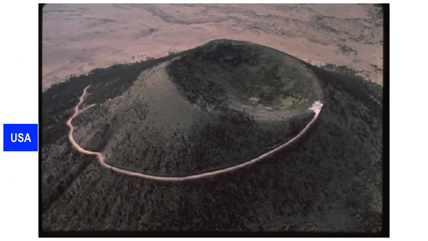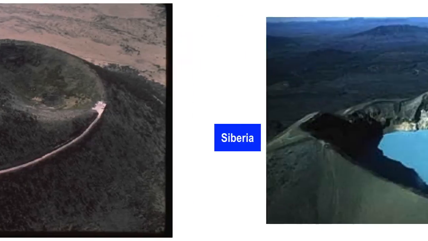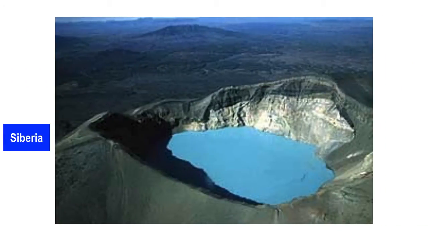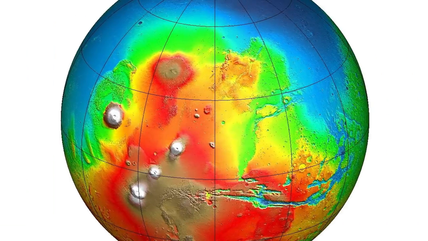Here's a place in the United States. They've got an observatory up here, a little observatory. And you can see it's an old volcano. This one's not active. And then here's one out in Siberia, up in the northern part, almost towards Alaska. Those islands out there. So you can see that here on Earth we have stuff that looks just like that baby on Mars.